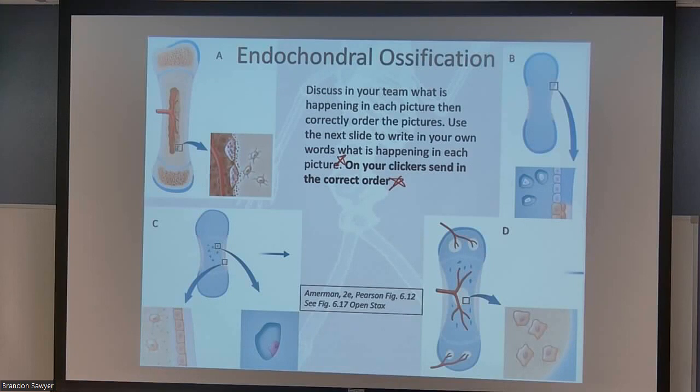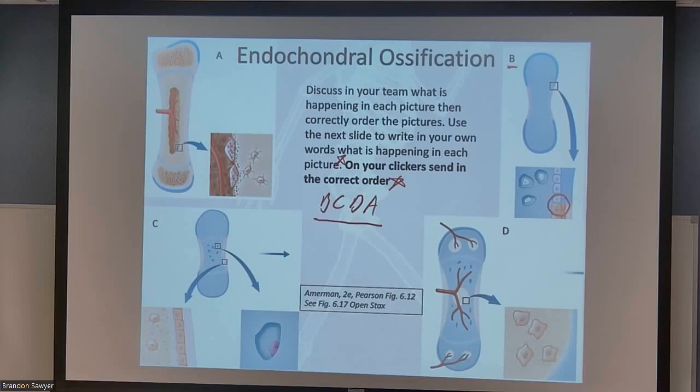So about 2/3 of you are saying the same thing, which is starting with B and then C and D and then A. Okay, so let's take a look at that together here. B is obviously the one that's still the most cartilage-like, right? It's almost all cartilage, but we can see this transition point right here.